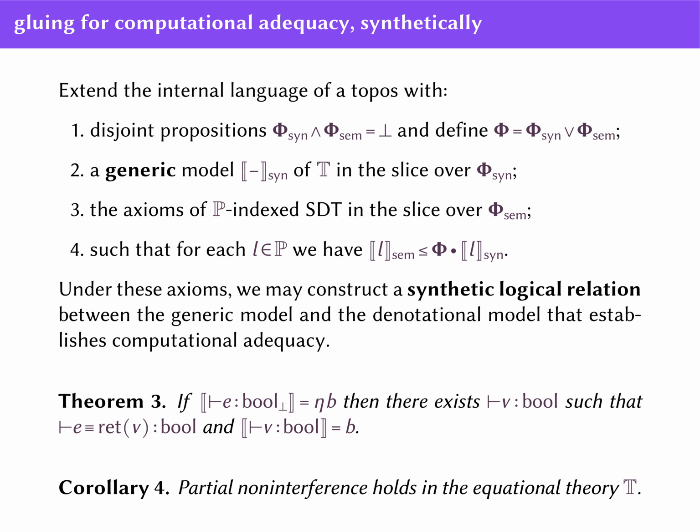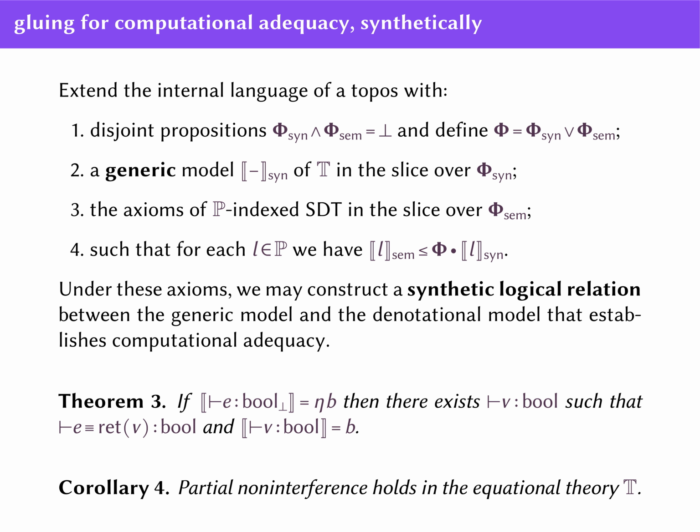We extend the internal language of a topos with two disjoint propositions corresponding to syntax and semantics. The proposition phi syn determines an open subtopos corresponding to syntax, and the proposition phi sem determines a disjoint open subtopos corresponding to semantics.